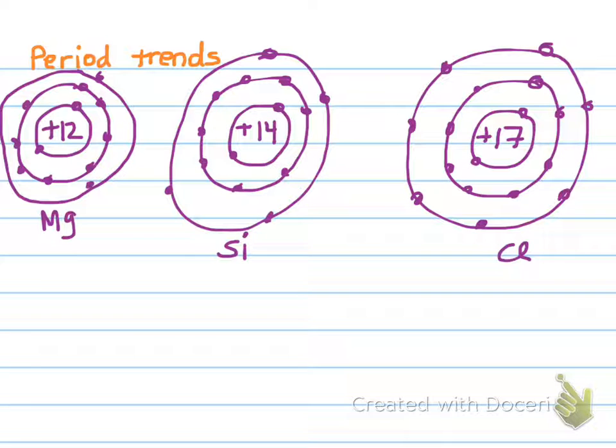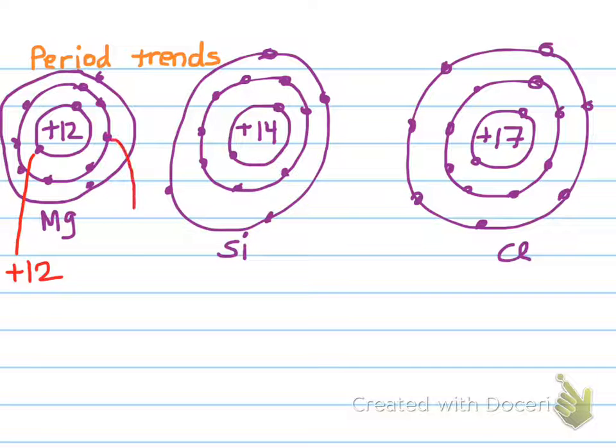Right, so again, we want to kind of look at the same things we looked at with our group trend. We want to look at what is the pull that the electrons feel in each energy level from the nucleus. In our first energy level for magnesium, we feel a plus 12 because there's no shielding.